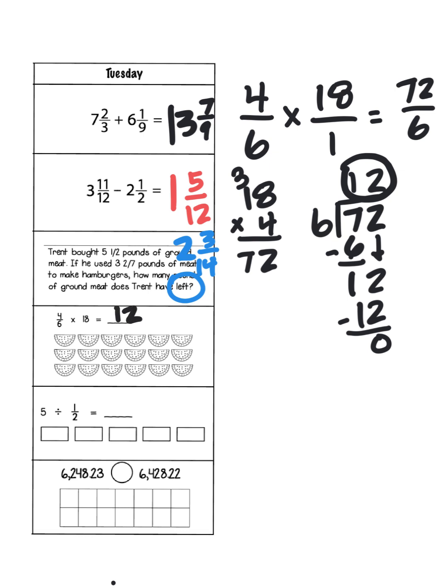We can prove that in our picture here because we see that we have 18 watermelon slices here. The watermelon slices represent our whole number of 18. If you notice, the slices are equally lined in a row of 6.